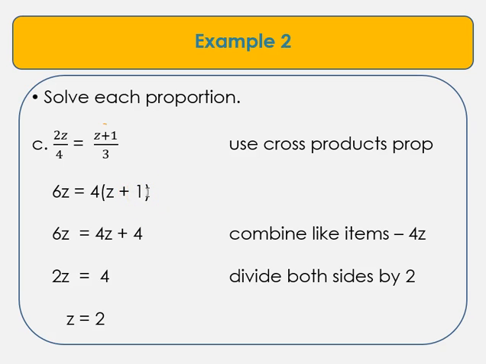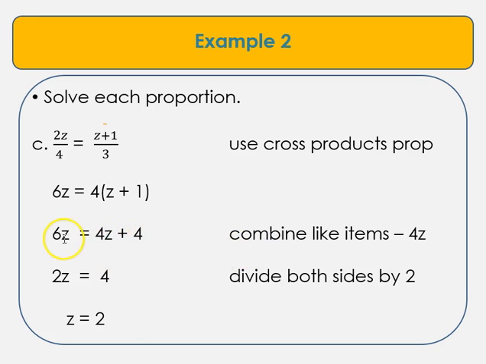You don't have to write this step unless you have trouble with distributive property. Remember that when you use distributive property, everything inside the parentheses is multiplied by the outside number. So 4 times z plus 1 is 4 times z, plus 4 times 1, which is 4z plus 4.